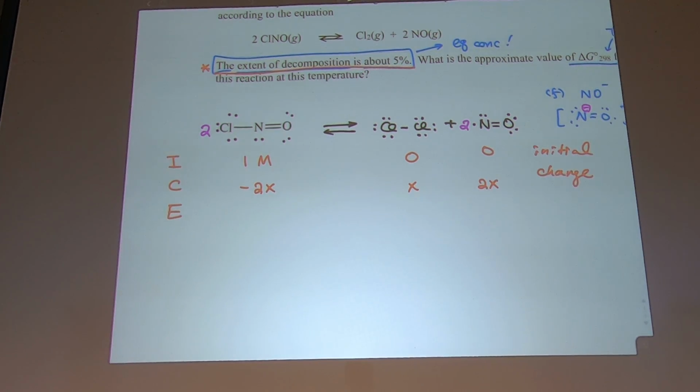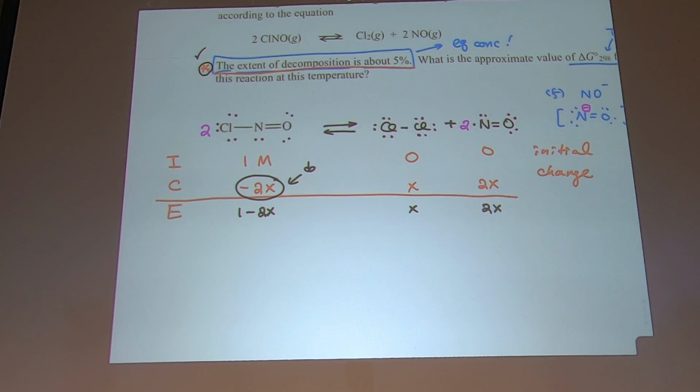And then it's about the equilibrium constant. If you do that, what is your equilibrium concentration? 1 minus 2x, x, 2x. Those are the concentrations of the three compounds. Then let's go back to the statement here. Decomposition is about 5%, meaning this is the amount of decomposition.